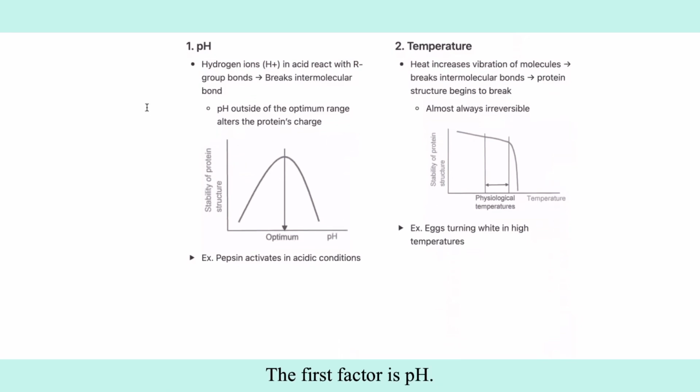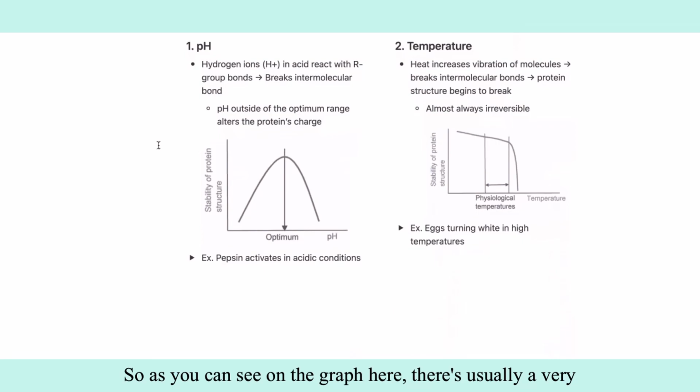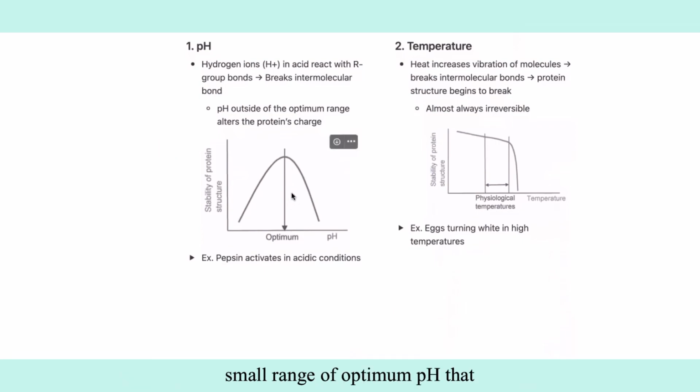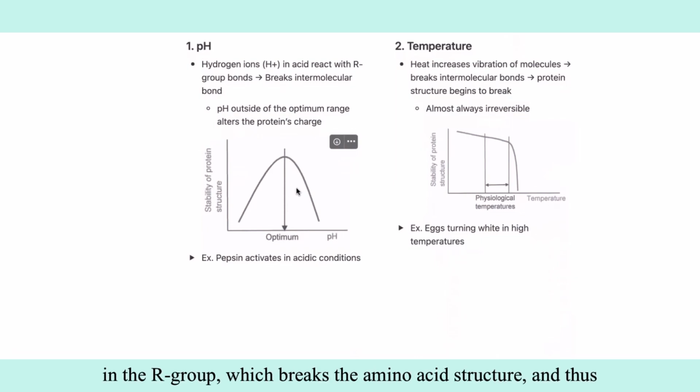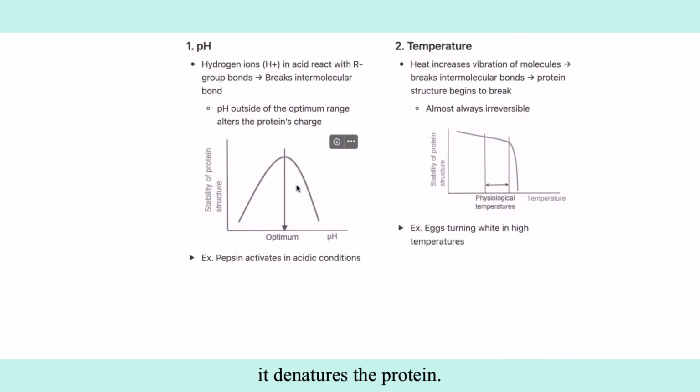The first factor is pH. As you can see in the graph here, there's usually a very small range of optimum pH that the protein can function in. The hydrogen ion in acid reacts with the R group bonds, so it breaks the intermolecular bonds in the R group, which breaks the amino acid structure, and thus it denatures the protein.